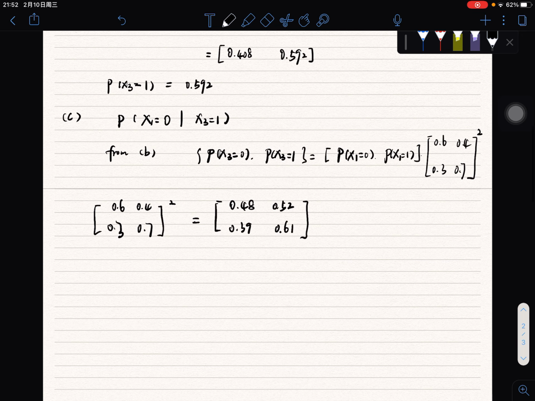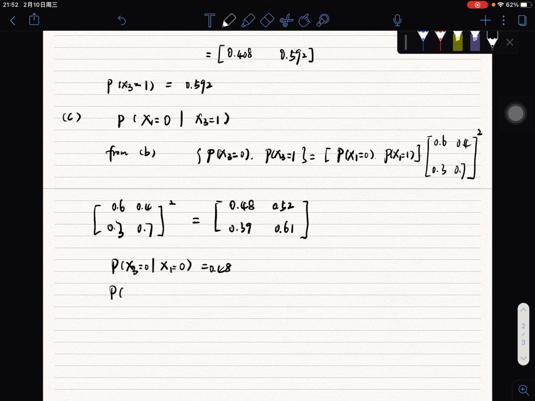And from the calculation of the matrix, we get the probability of x3 equals 0 under the condition of x1 equals 0 is 0.48.